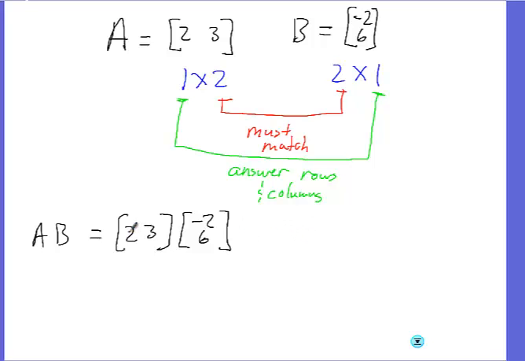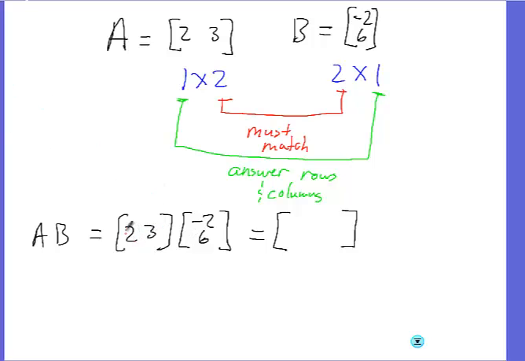So like this is row 1, column 1. This is row 1, column 2. Being able to read that and understand that helps a lot in matrix multiplication. Because you always multiply the rows of the first matrix by the columns of the second matrix. So we're going to do row 1 times column 1.